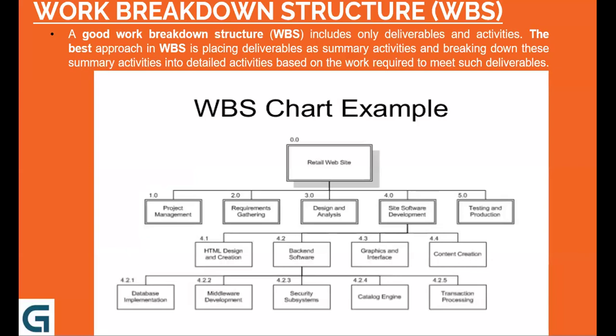Now the simplified answer to this is, when we are in an organization and we need to bill the customer, or charge them for their work, it is charged on the basis of this WBS chart. Now you tell me, as a business analyst, in which department or categorization do you fit in this diagram? Requirement gathering 2.0. Requirements gathering 2.0, perfect.